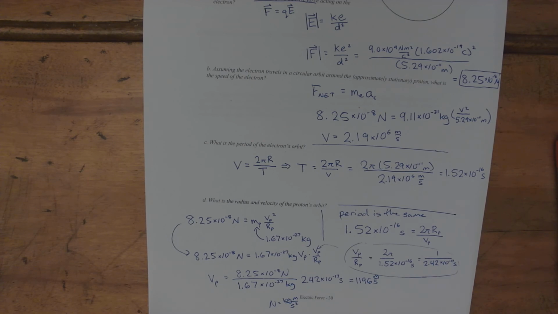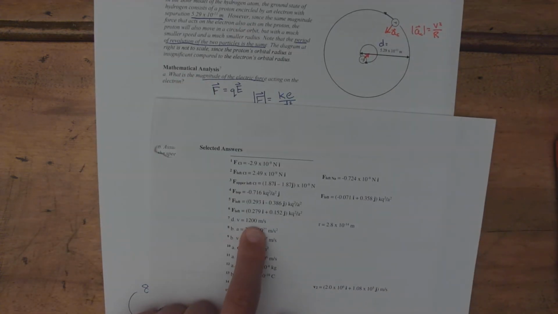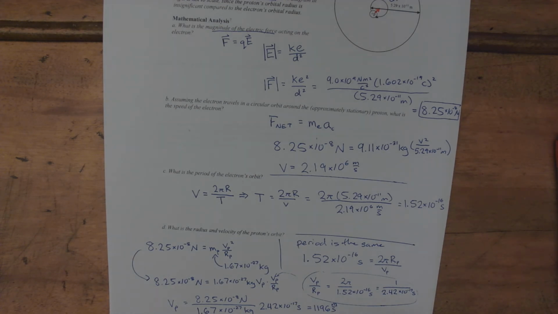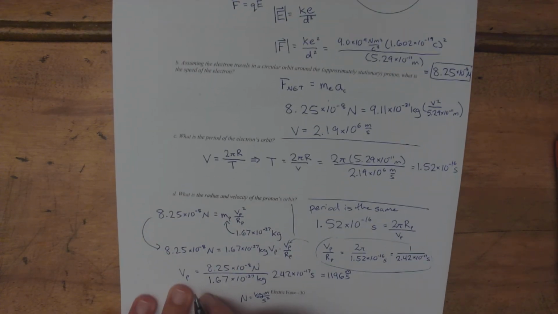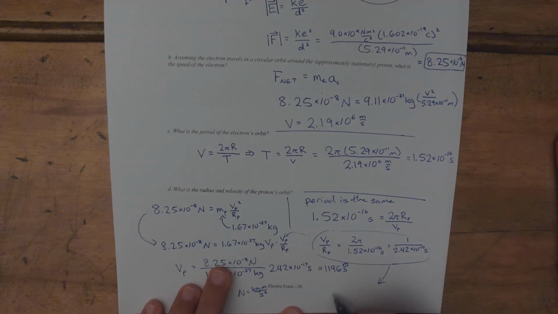And let's check in the back of the book. So for number 7, they have 1200 meters per second, that rounds to 1200, so that's good. And then if this is the velocity, now I can use this equation to find the radius.